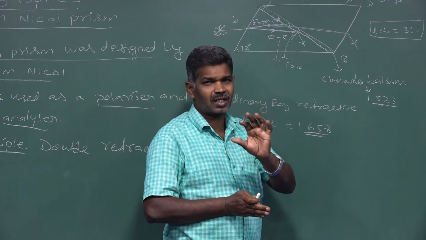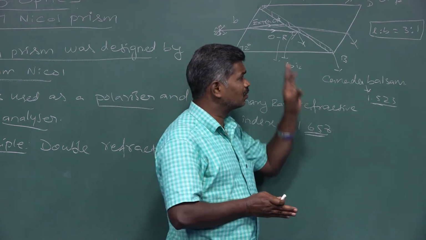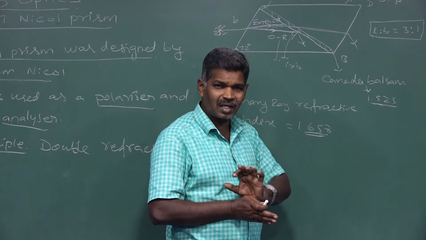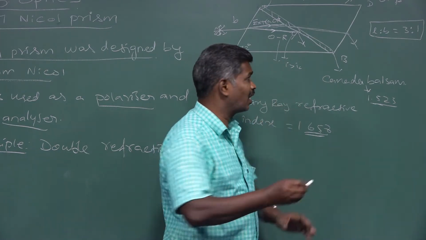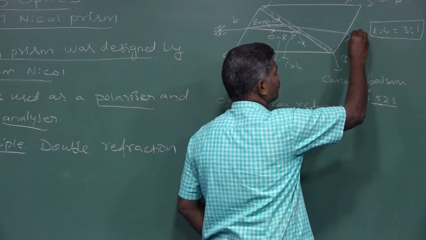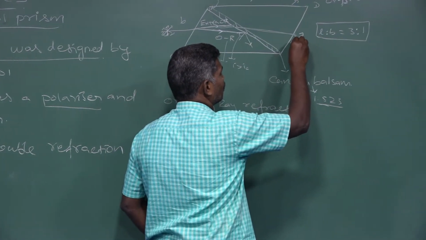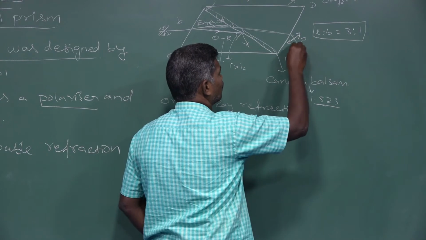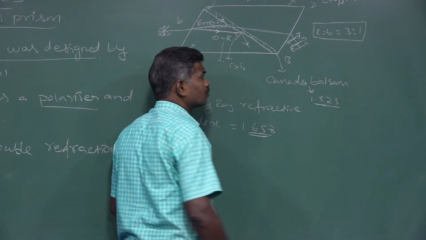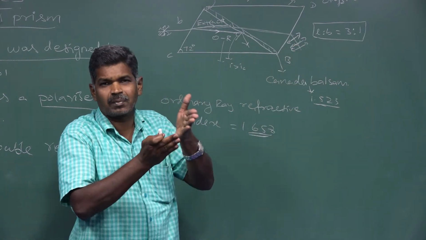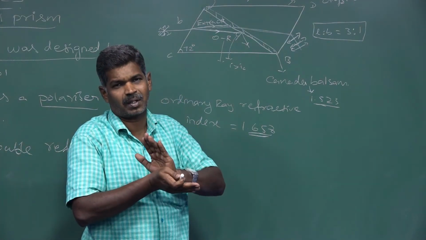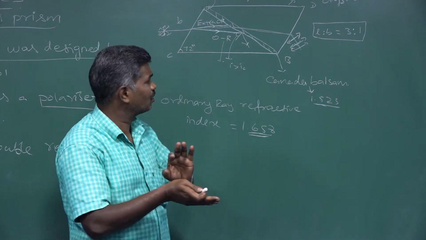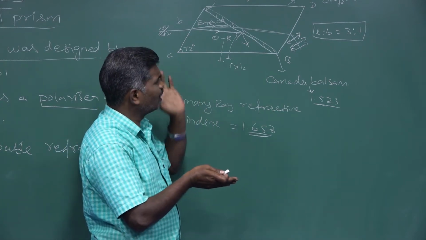But what is that again? It means the emerged extraordinary ray is plane polarized light which has a vibration in one direction. If you draw a line with a double arrow, it means along the plane of the paper only we have vibrations. But what about the ordinary ray?